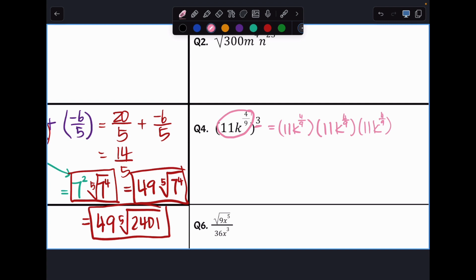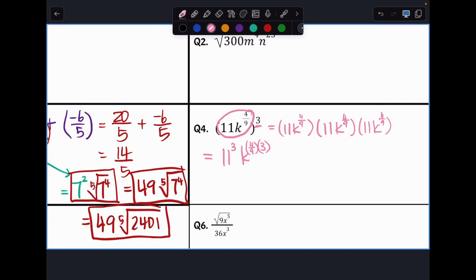Does that make sense? Bases multiplied 3 times. 1, 2, 3. How many 11s are we multiplying all together? 3 of them. So it's 11 to the 3rd power. And k to the 4 ninths, how many of them do I have? 3. So I can say I just multiplied that by 3.